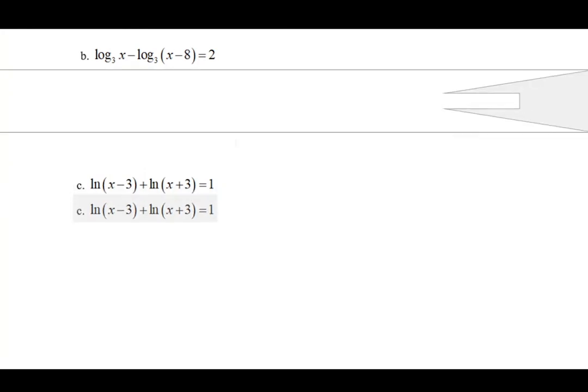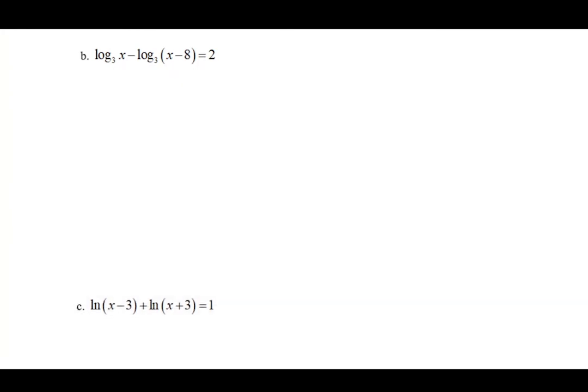I'm going to push this back down now. Combining logarithms, we have log base 3 of x over x minus 8 is equal to 2, and this is 3 to the second power. So x over x minus 8 is equal to 3 squared, and that is 9.